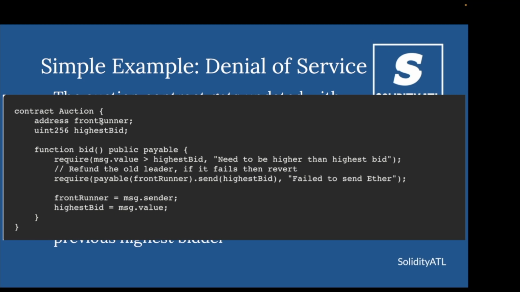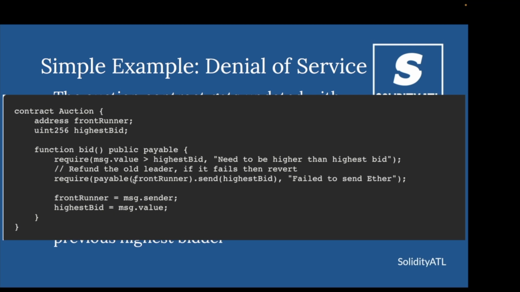This has nothing to do with front running. This is just the address of whoever has the highest bid.